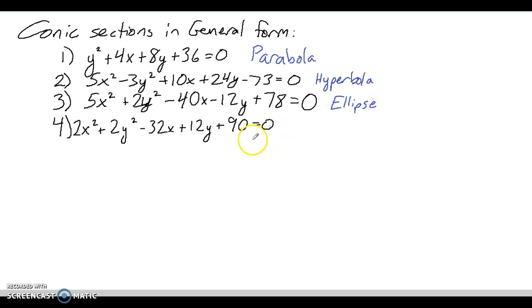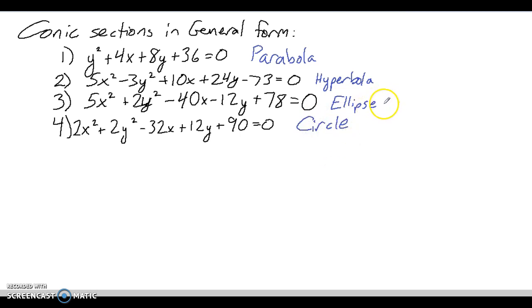With one exception. If the signs on the quadratic terms are the same and the coefficients are the same, well, you can picture it this way. We have an ellipse that stretches horizontally the same amount it stretches vertically. In other words, we have a circle.